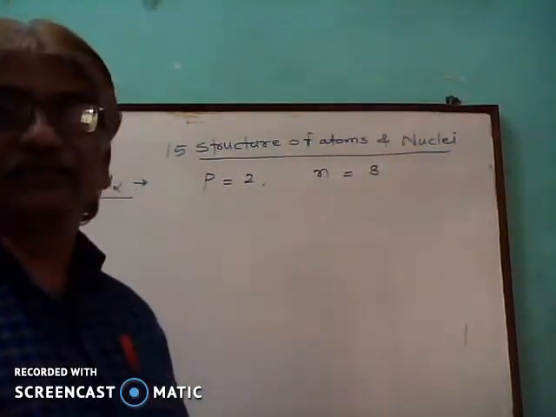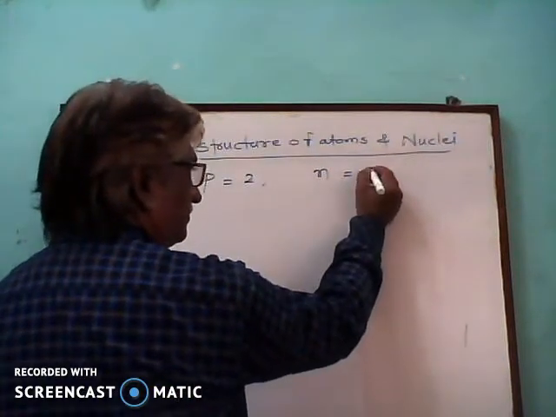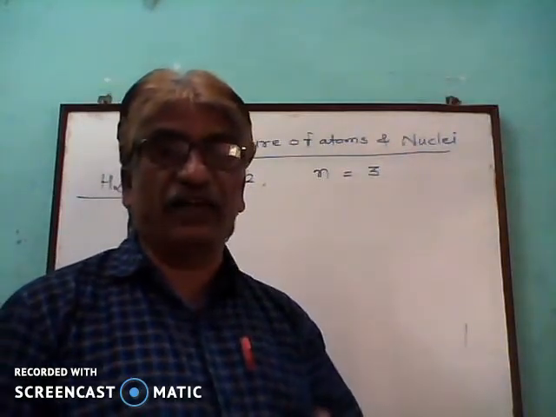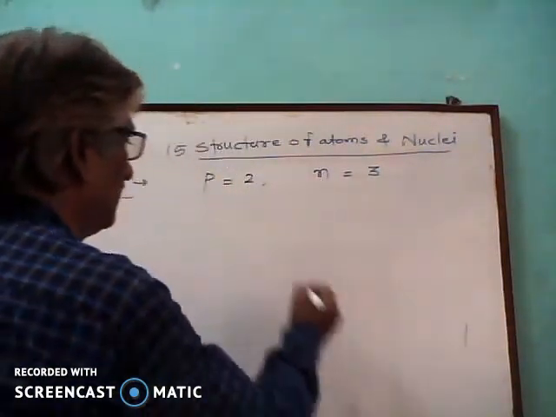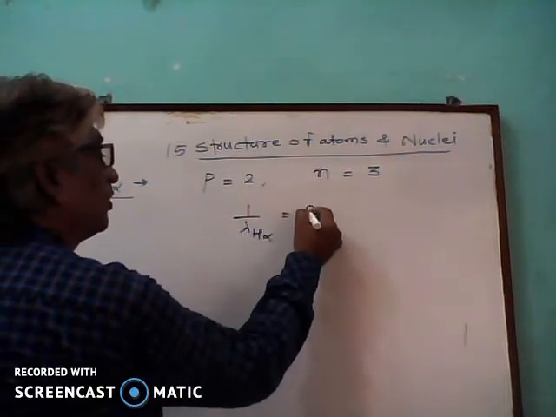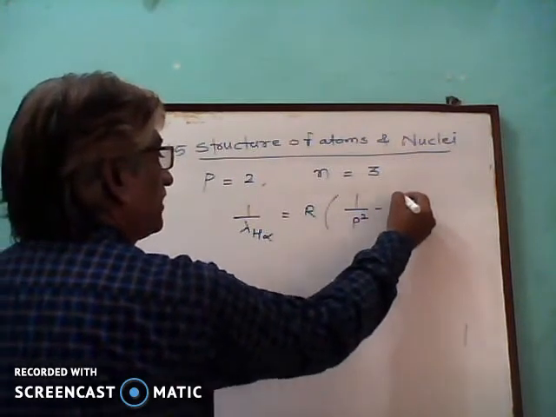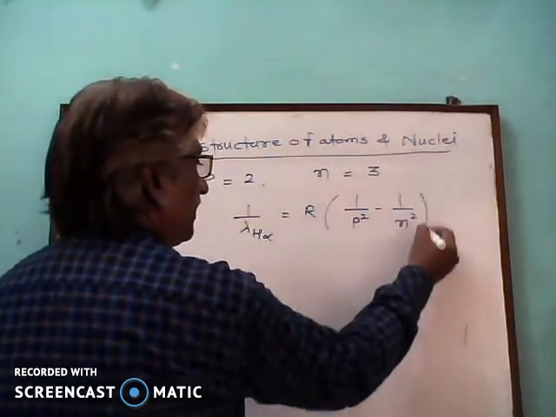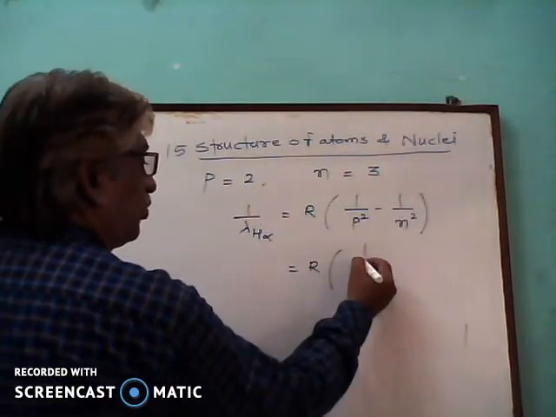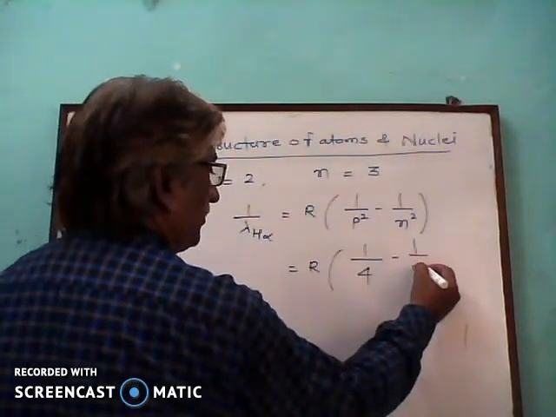For finding the wavelength of the H alpha line using Bohr's formula, 1 upon lambda H alpha is equal to capital R in bracket 1 upon P square minus 1 upon N square. That is equal to capital R in bracket 1 upon 2 square, that is 4, minus 1 upon 3 square, that is 9.